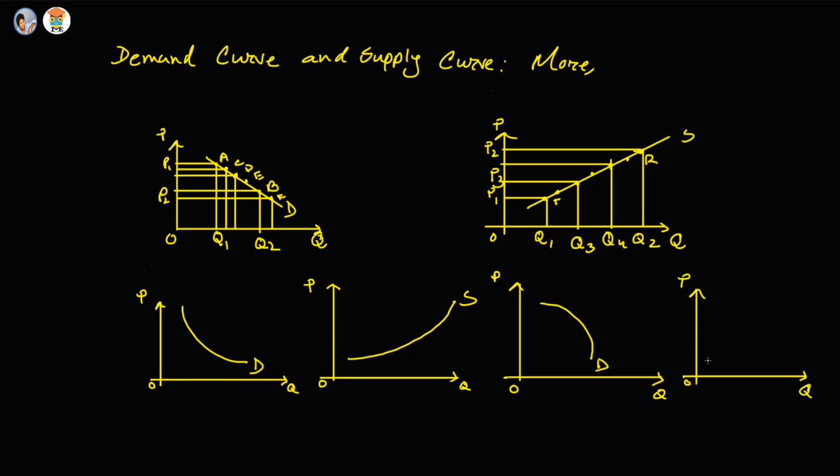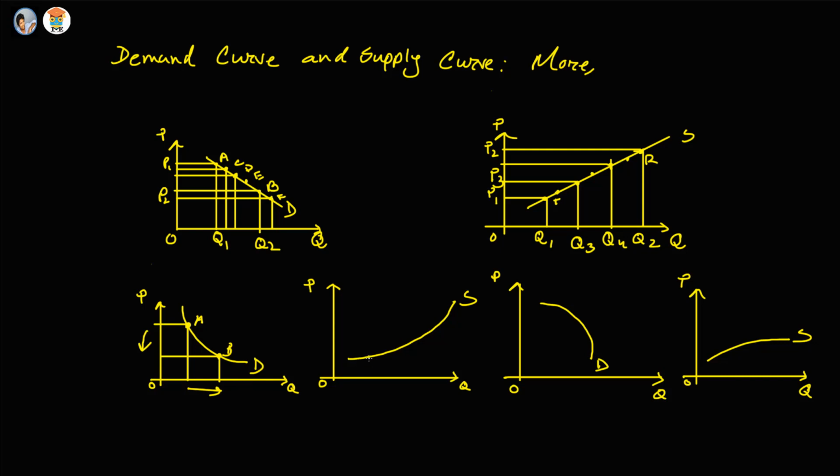Supply curve can have a shape like this. What does this point of the demand curve show? It shows that at this price, this is the quantity demand, and if price decreases to this point, quantity demand increases from here to here.